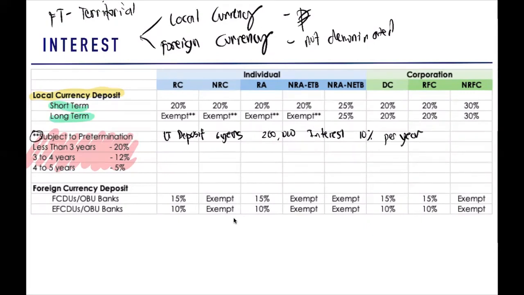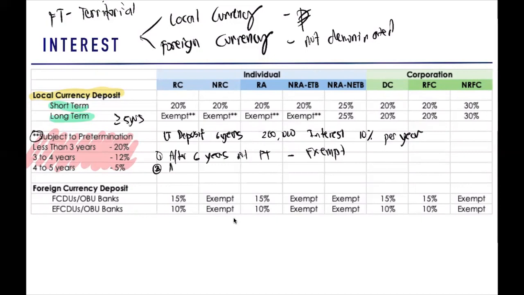So if ever, let's say after 6 years, not pre-terminated, therefore this is exempt because initially it is exempt and you finish the long-term period, which is greater or equal to 5 years. Clear?